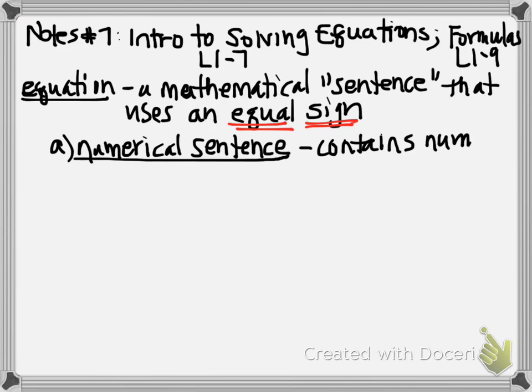Now that's kind of a misnomer because it does contain operation symbols and does contain equals, but there are no variables involved. Interestingly enough, people can write numerical sentences incorrectly, so what's on the left doesn't equal what's on the right, so they can be either true or false.